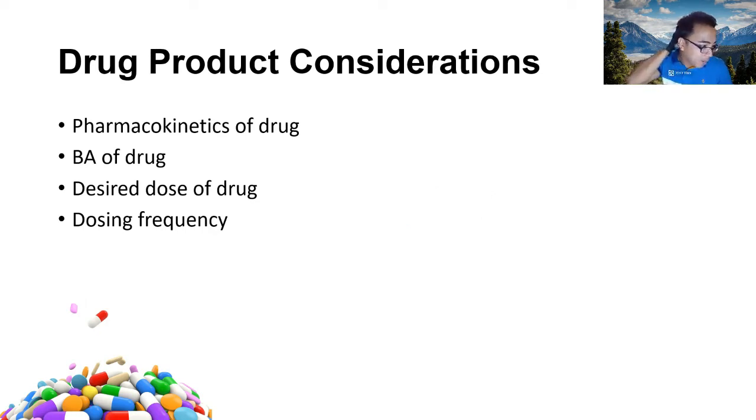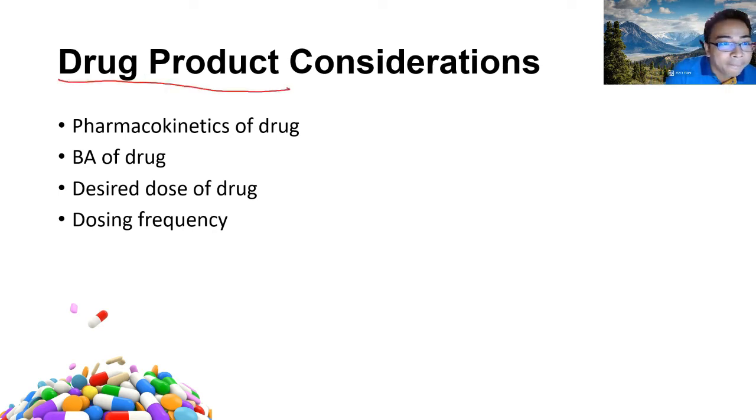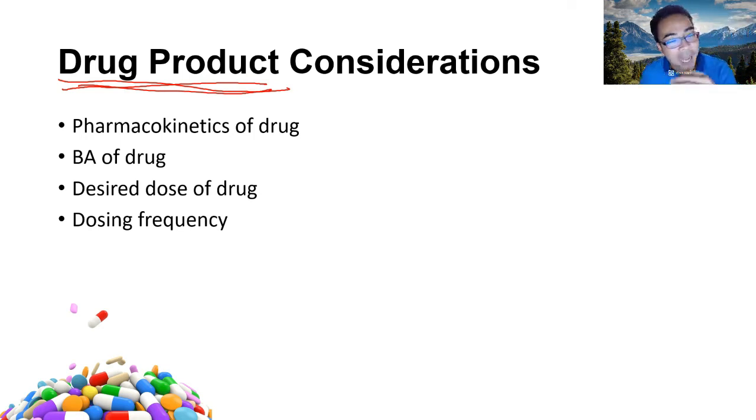Next one, for the drug product itself, what are the things that you have to consider? Kung drug product na yan, ibig sabihin, meron na akong dosage form. Once nabuo ko na class ang dosage form ko, halimbawa, after screening for all possible dosage forms, for understanding the needs of my patient, and so on and so forth, I came up with a solution that, gagawin kong tablet yung gamot ko. Nagawa ko na siyang tablet.